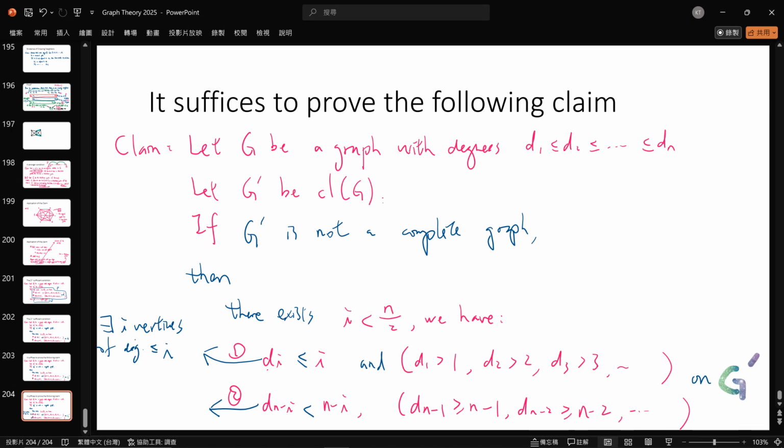And similarly, there are n minus i vertices of degrees less than n minus i.